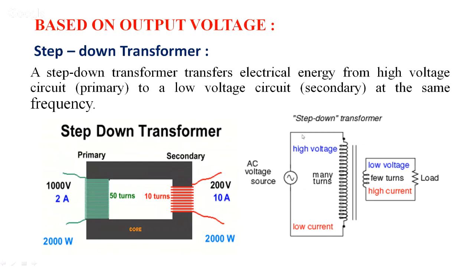So here high voltage has been reduced to low voltage by using a step-down transformer. In a step-down transformer, the primary has high voltage, more turns and less current, whereas the secondary has low voltage, few turns and high current.